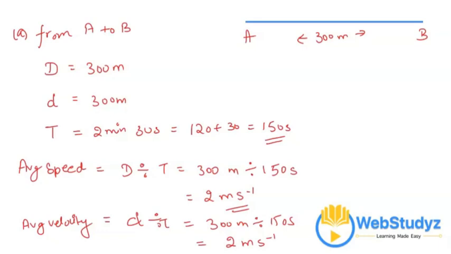Now let's do the calculations for second scenario. That is from A to C. So first, Joseph moves from A to B, that is 300 meters, and then from B to C 100 meters.